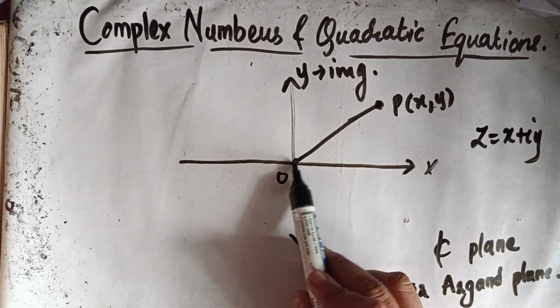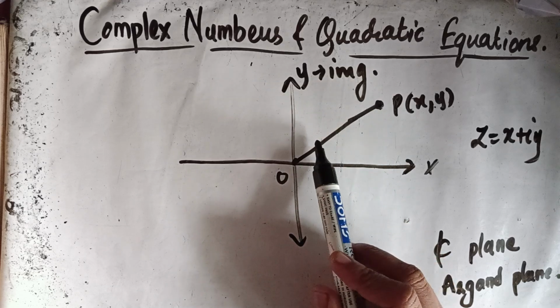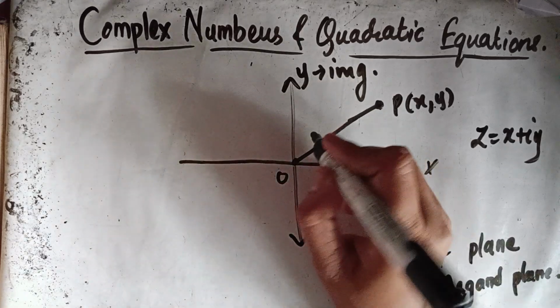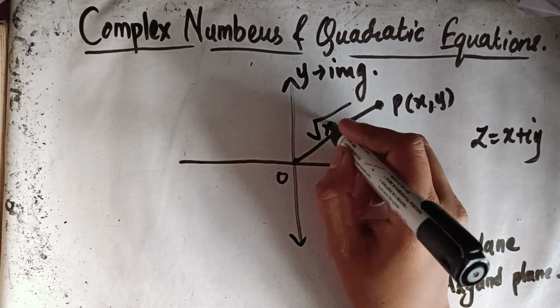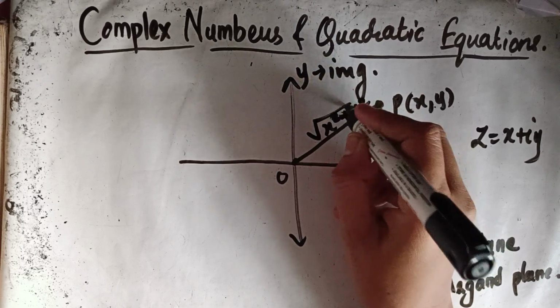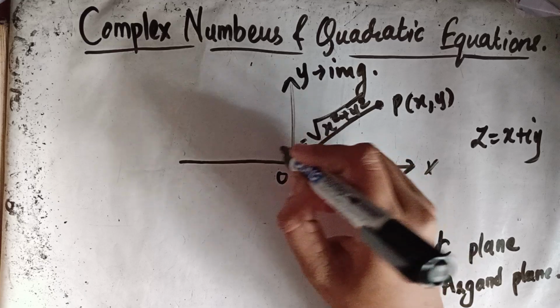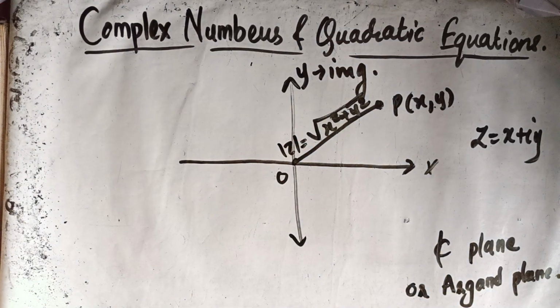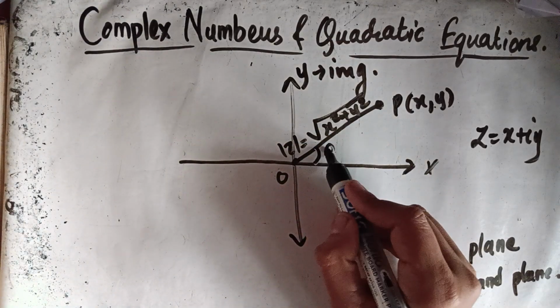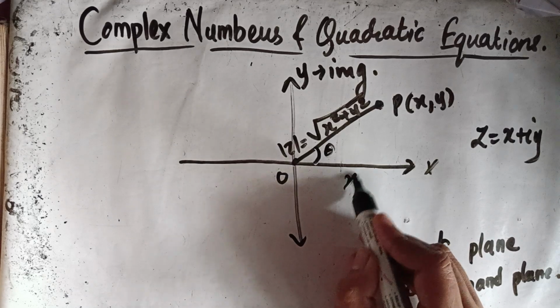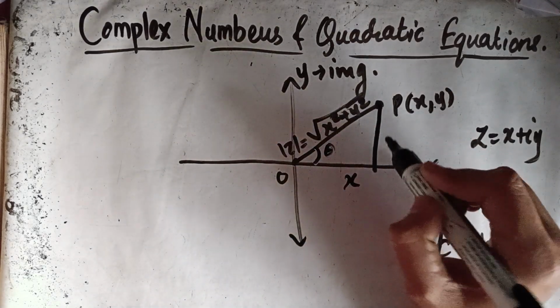So the distance from O to P is our modulus, that is root of x square plus y square. That is, we use distance formula for this. Okay, so this is mod z. So this is theta, this is x, and this distance is y.